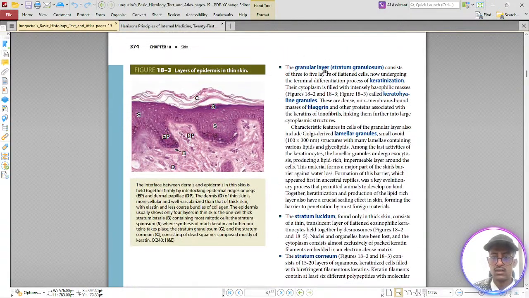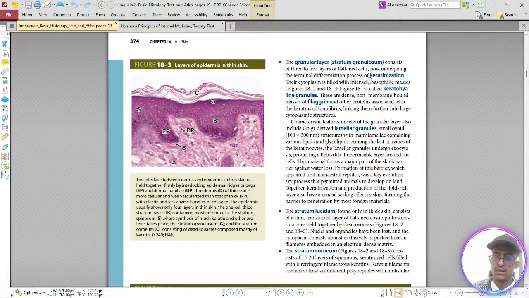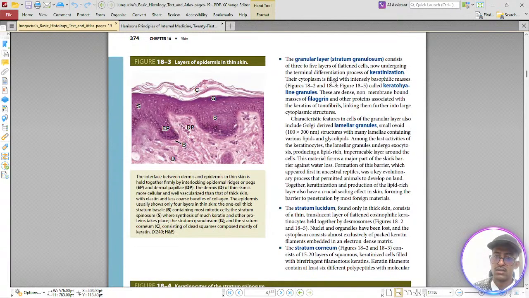Alright, so granular layer, stratum granulosum consists of 3 to 5 layers of flattened cells now undergoing terminal differentiation process of keratinization. The cytoplasm is filled with intensely basophilic masses called keratohyaline granules.